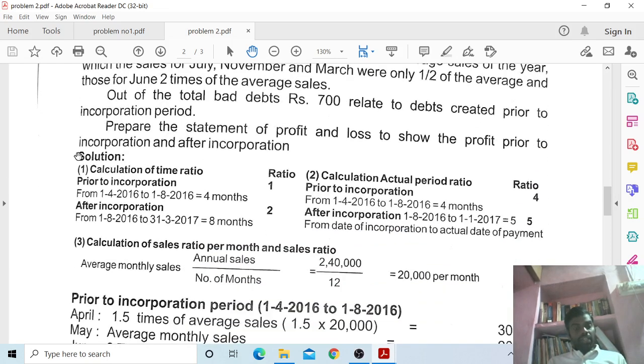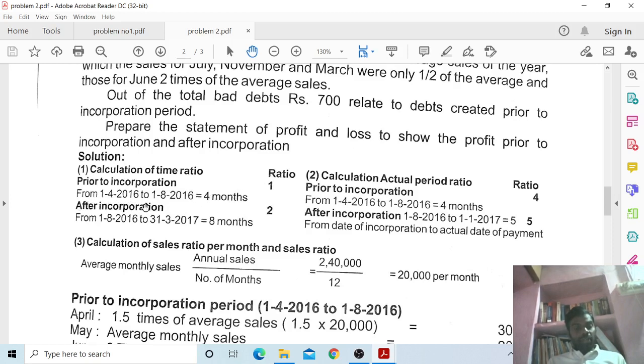Solution. First, calculation of time ratio. The prior incorporation period is from 1/4/2016, the beginning date of the running business, to 1/8/2016, the purchasing date. The difference is 4 months: April, May, June, July. These 4 months are the prior incorporation period.